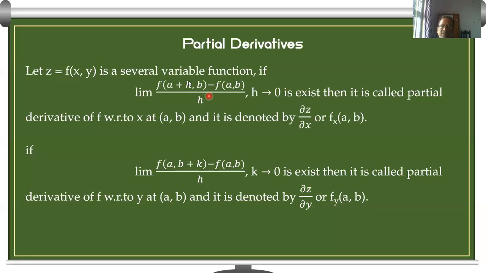If there exists a small increment in h, it becomes the partial derivative with respect to x. If there exists a small increment in y, it becomes the partial derivative with respect to y.